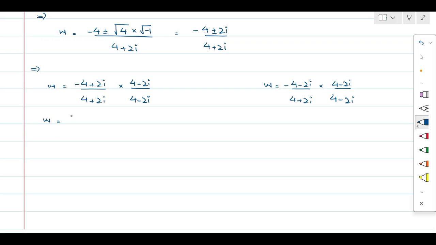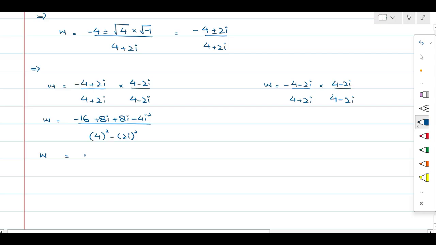Now simplify. This is 4 times 4 is minus 16, 4 times 2 minus 4 times minus 2 is plus 8i, 2 times 4 is 8 plus 8i, 2 times 2 is 4 minus 4 i square, and the denominator is (4 plus 2i)(4 minus 2i), which is 4 square minus (2i) square.